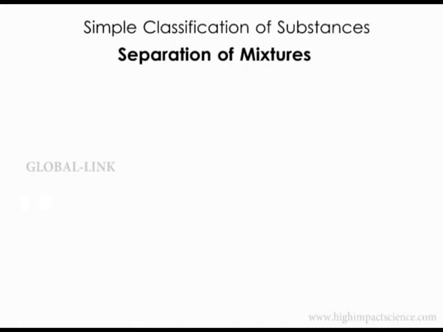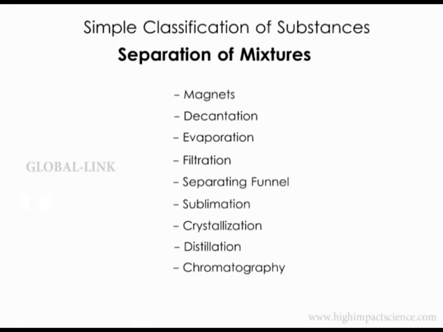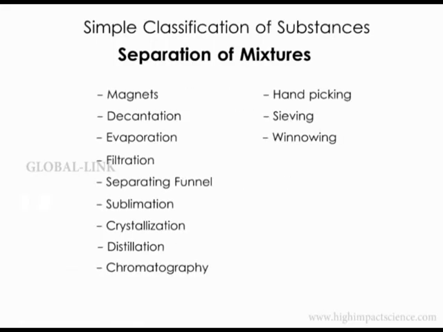These methods include use of magnets, decantation, evaporation, filtration, separating funnel, sublimation, crystallization, distillation, and chromatography, among many others. Traditional methods of separation include hand-picking, sieving, and winnowing.